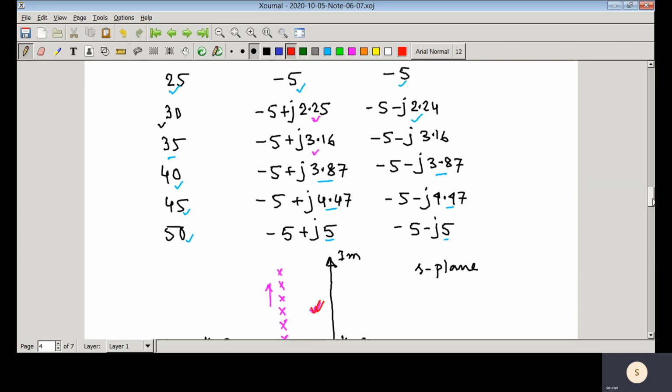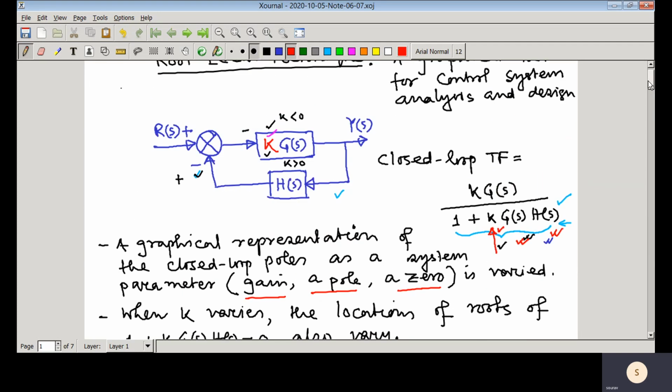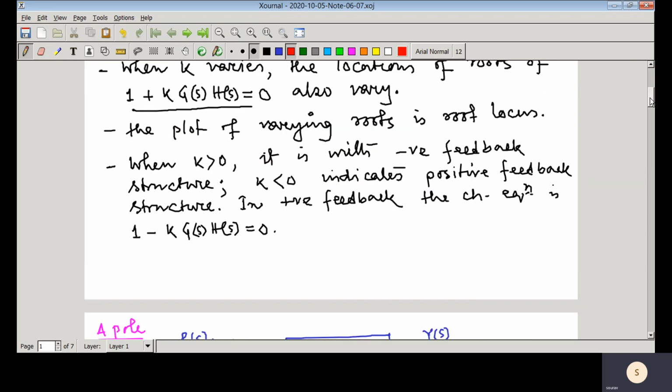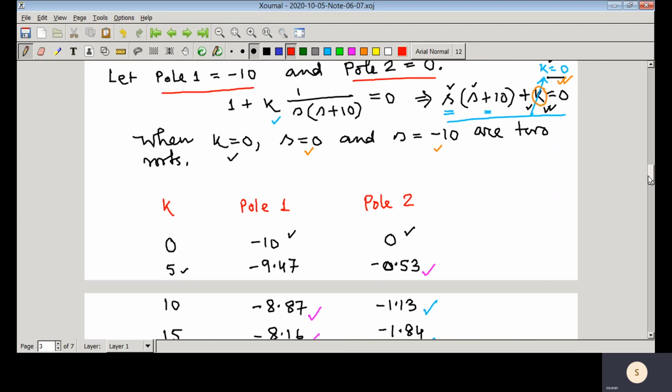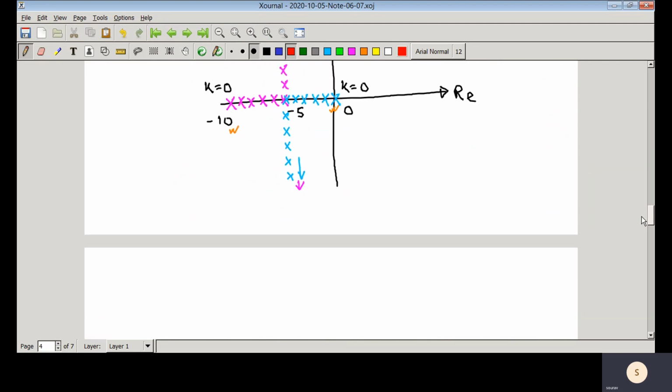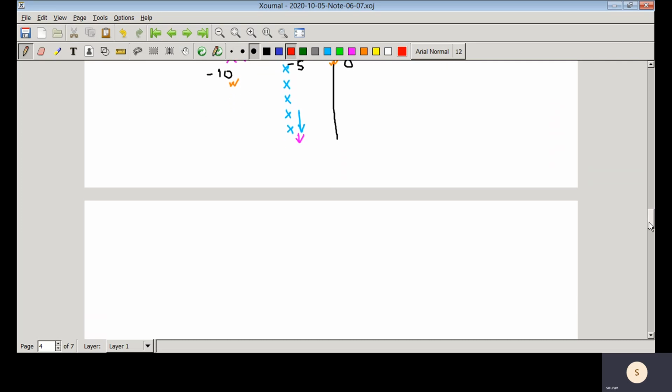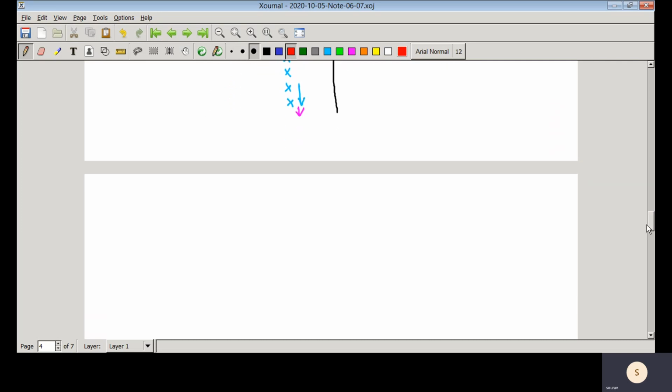Root locus is a graphical technique. We have seen that root locus is the graphical representation of the closed loop poles as the system parameter is varied. So here you can see that when the system parameter k is varying, this is the graphical representation. And in this course we will be learning how to plot those variations of the roots.